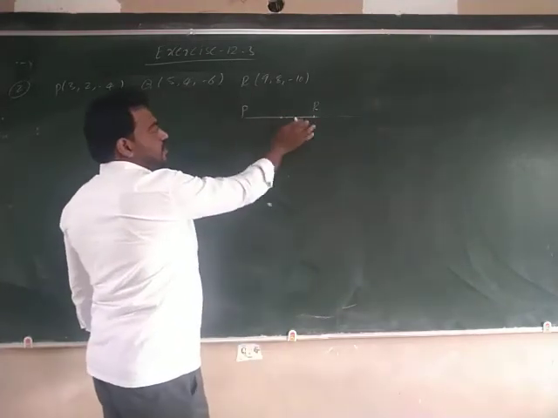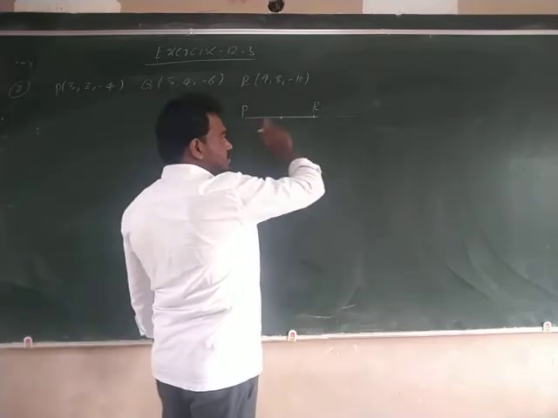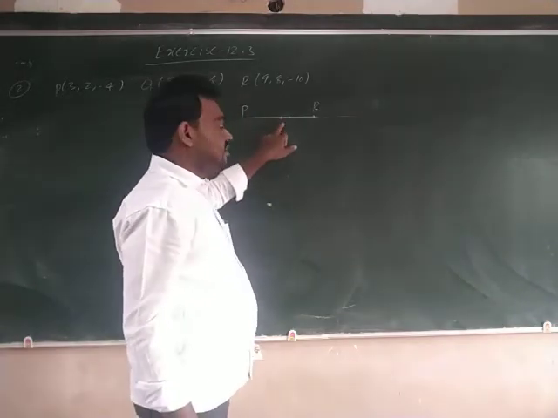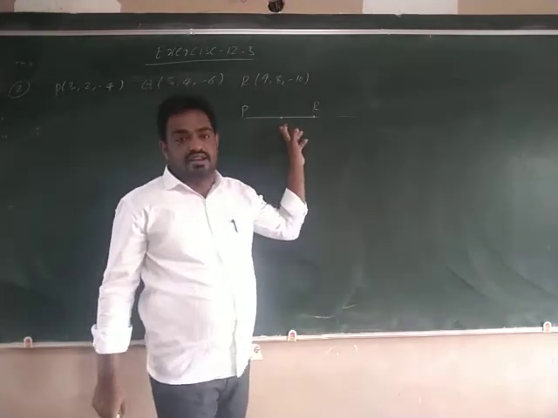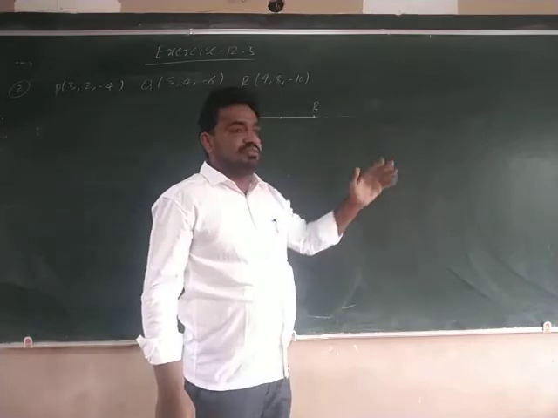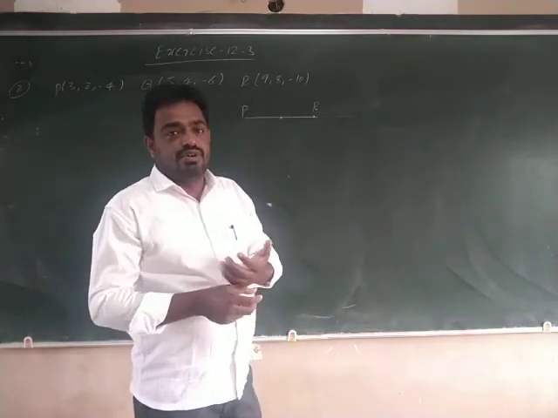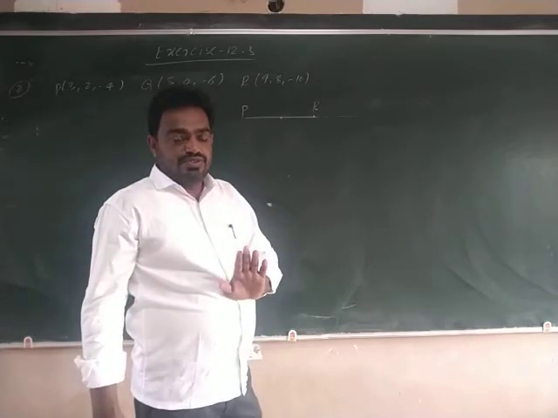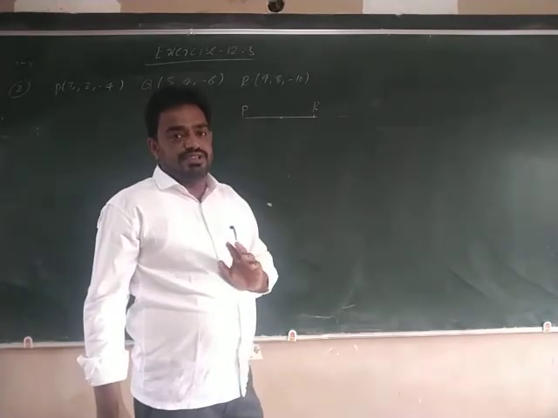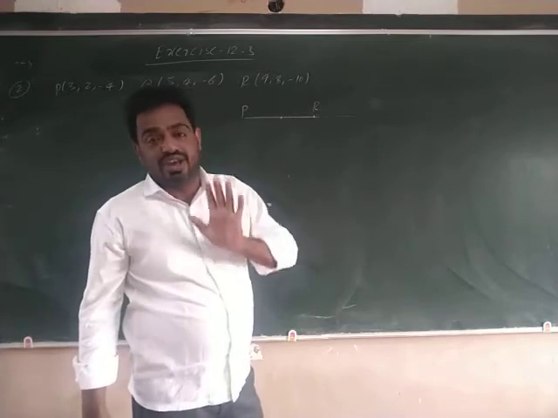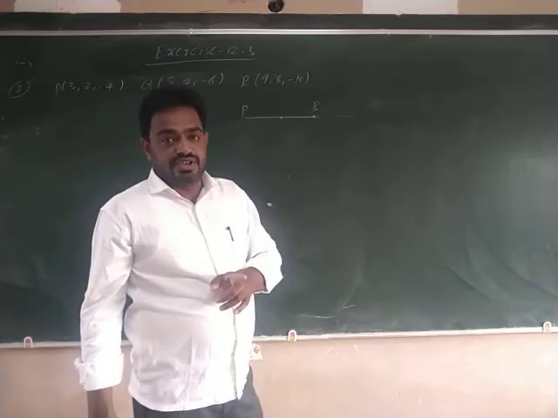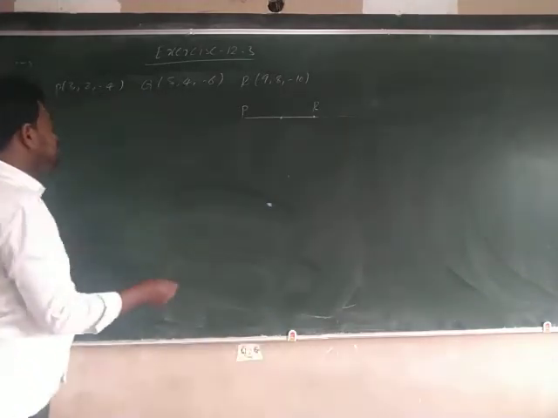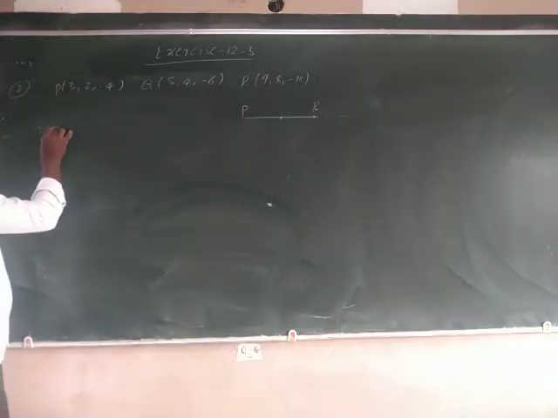If Q lies on the line segment, it is internal; if it lies on the extension of the line segment, it is external. Anyhow, P, Q, R are collinear points, right? If those are collinear points, the dividing ratio is unique. So that one I am doing here, you see. Now the dividing ratio.